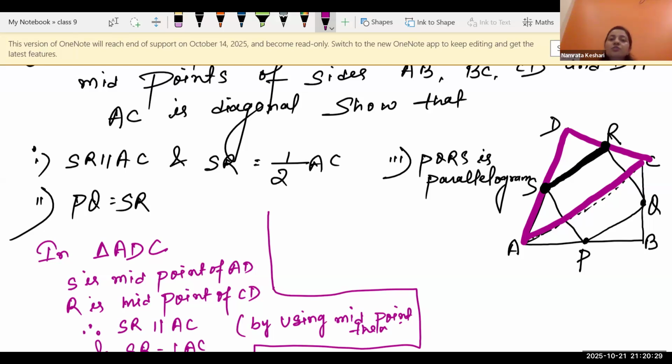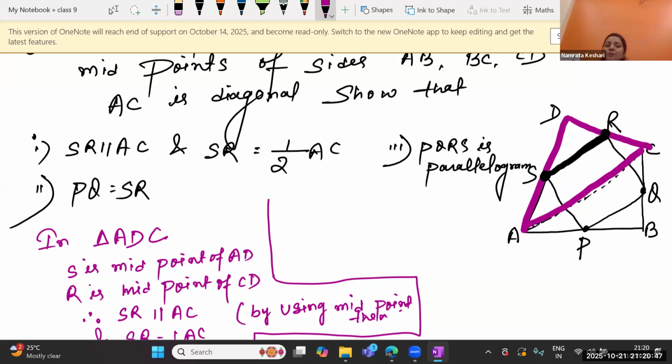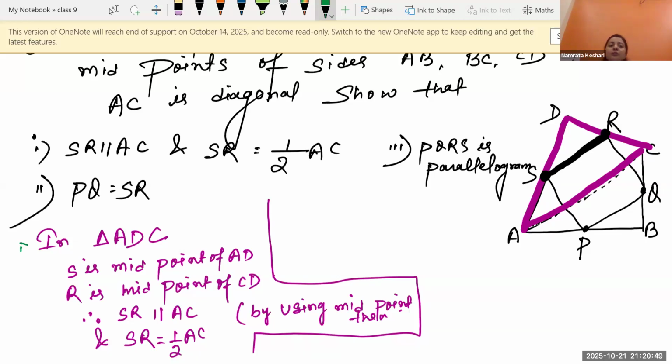You can expect one really important question in the exam: the midpoint theorem proof or the converse of the midpoint theorem proof can definitely come. It's that important. So please do the proof properly, otherwise questions are really easy. First part we are done. Now we'll be doing the second part, but before proceeding, anyone having any doubt? No? Okay.